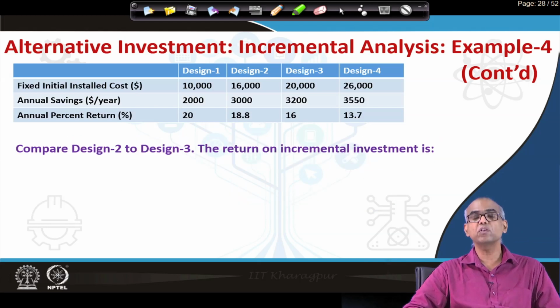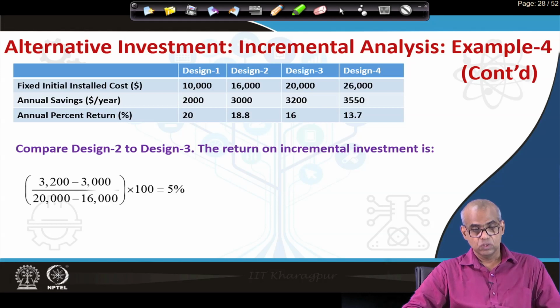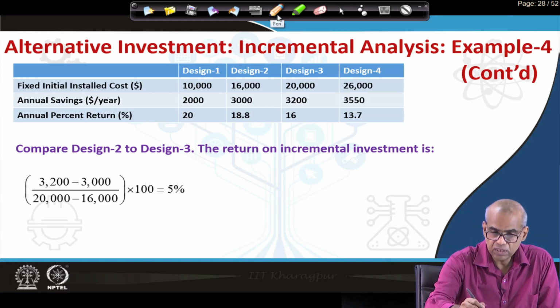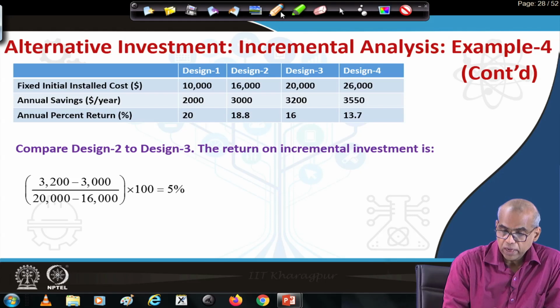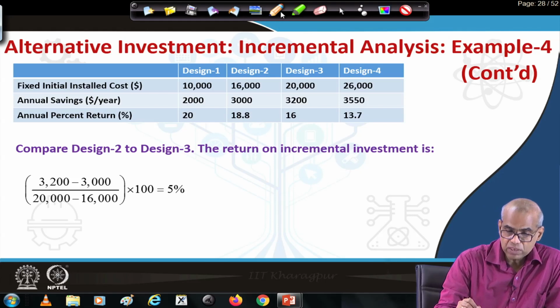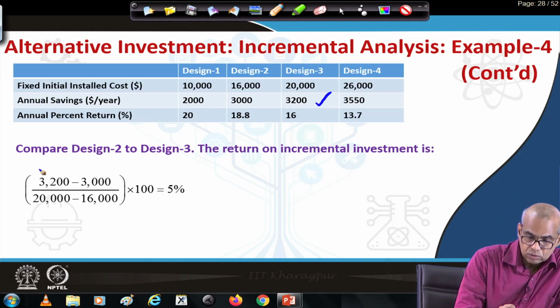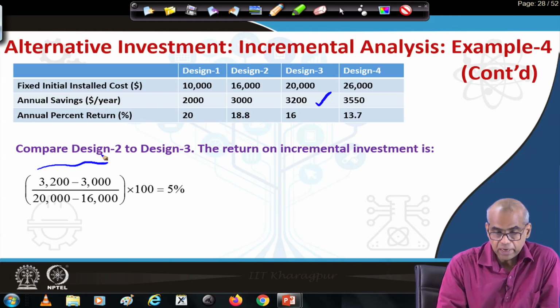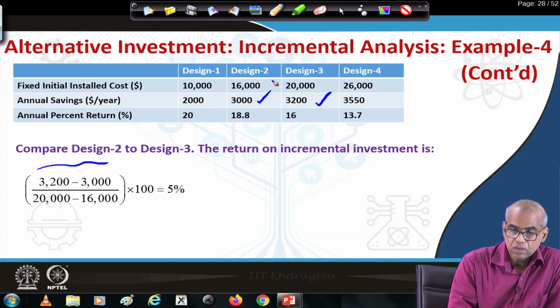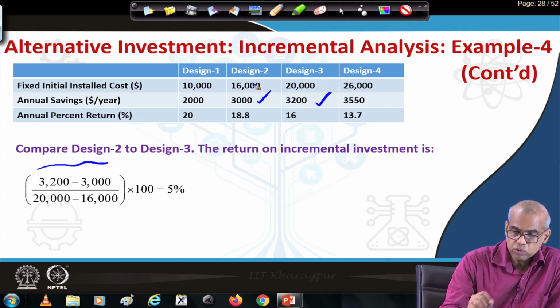Now, we need to compare design 2 and design 3. In case of design 3, we are receiving annual savings of 3,200. So, 3,200 minus 3,000, which is the annual savings of design 2, and the investment for design 3 is 20,000 compared to 16,000 for design 2.